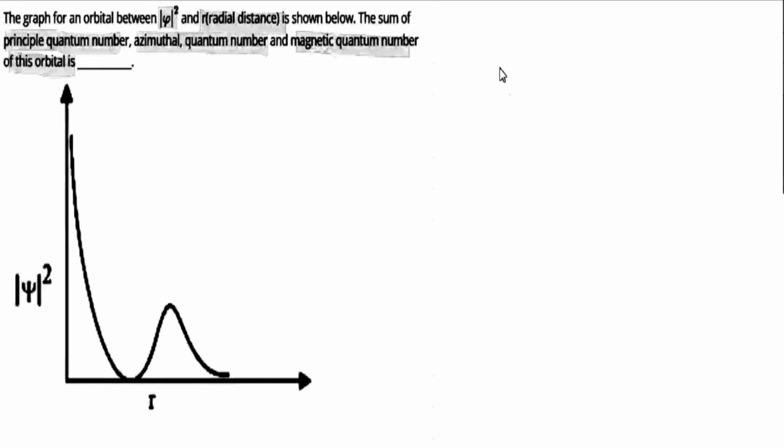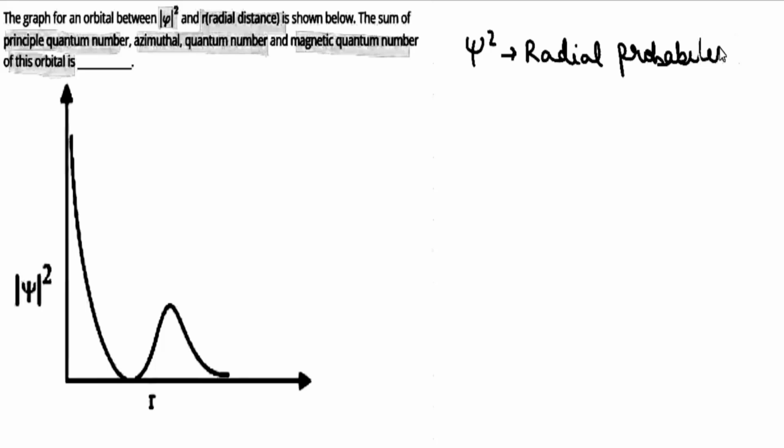So here let us first discover that psi square is known as radial probability density function of electron.